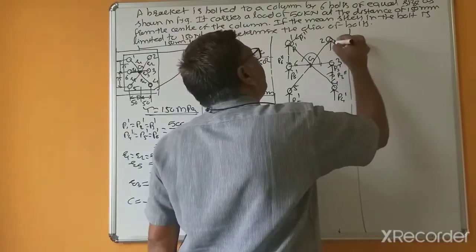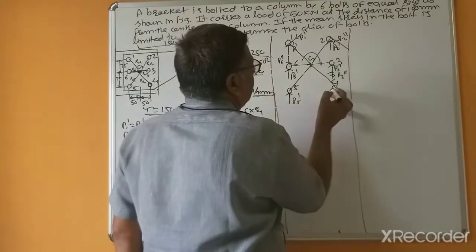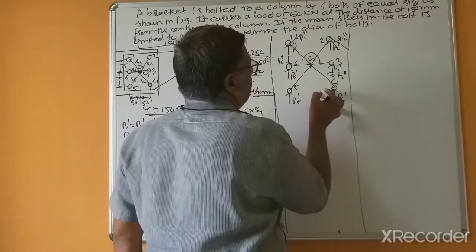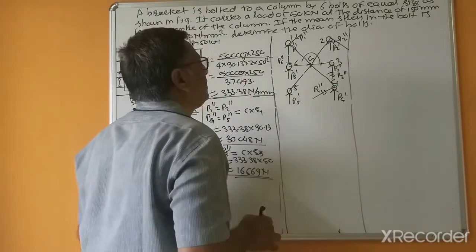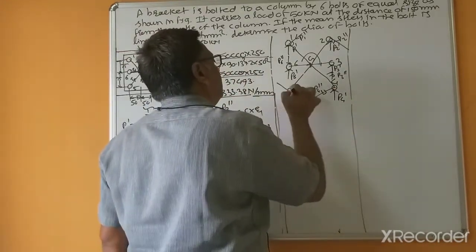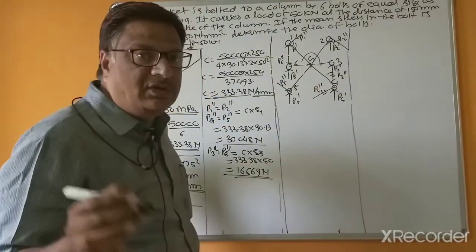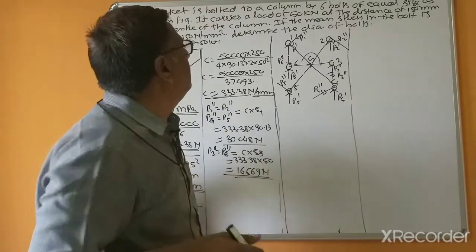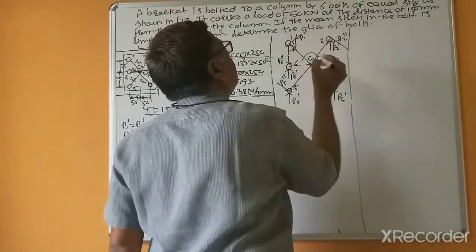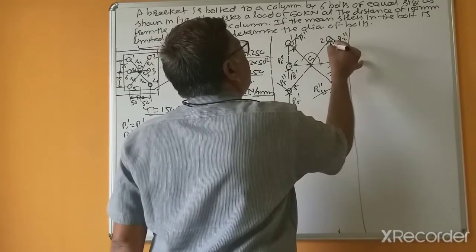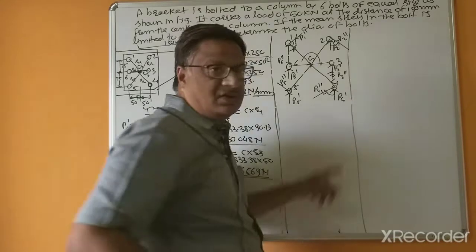This is P2 double dash, P4 double dash, and this is P5 double dash. Now this angle is greater, this angle is small, and this angle is small, and here's 0.